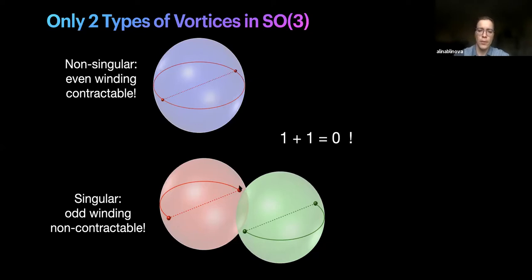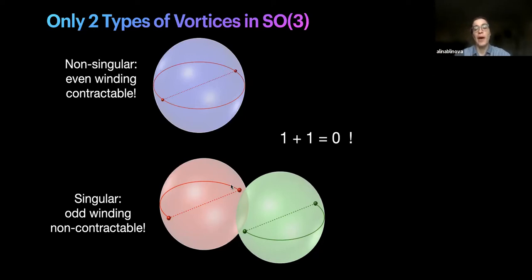The way SO3 maps onto the sphere, antipodal points are identified and are actually the same. So this half arc here represents going around a singular vortex, and it is not contractible because the antipodal points will always have to remain antipodal, and you can't contract them. And so this is a true topological excitation.